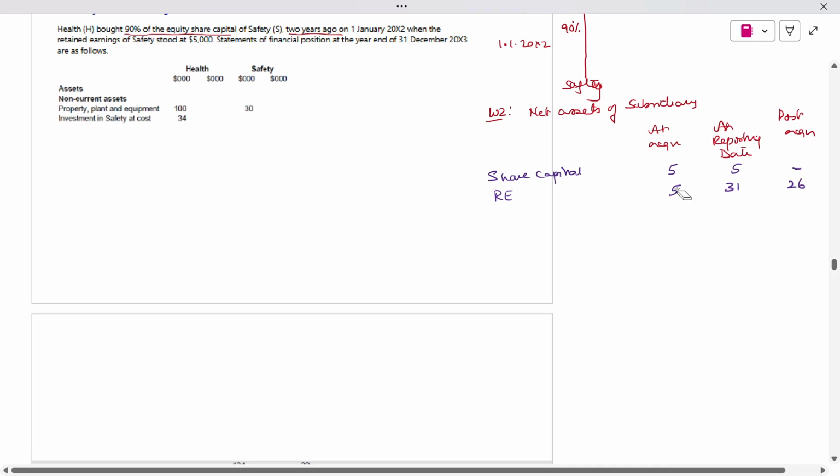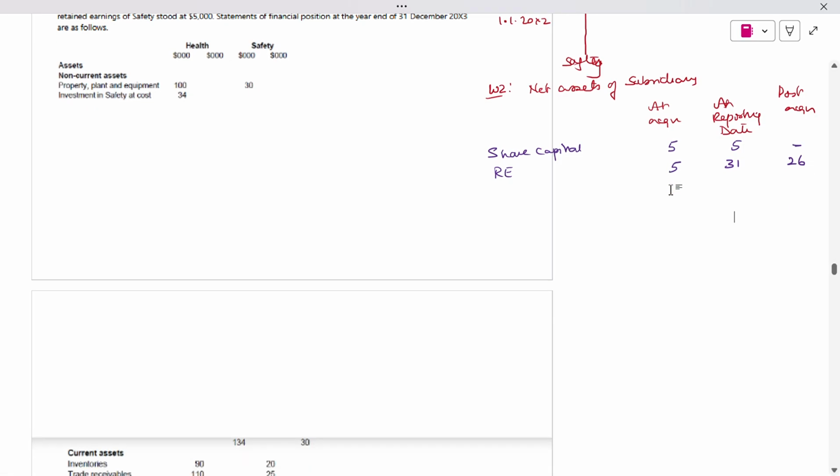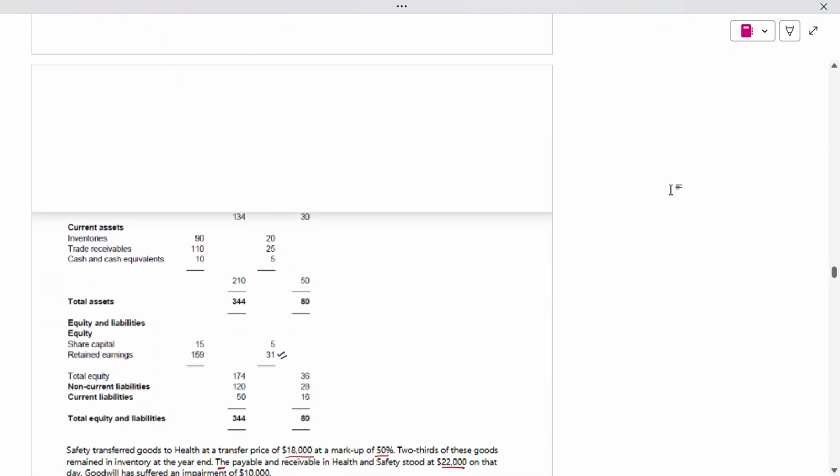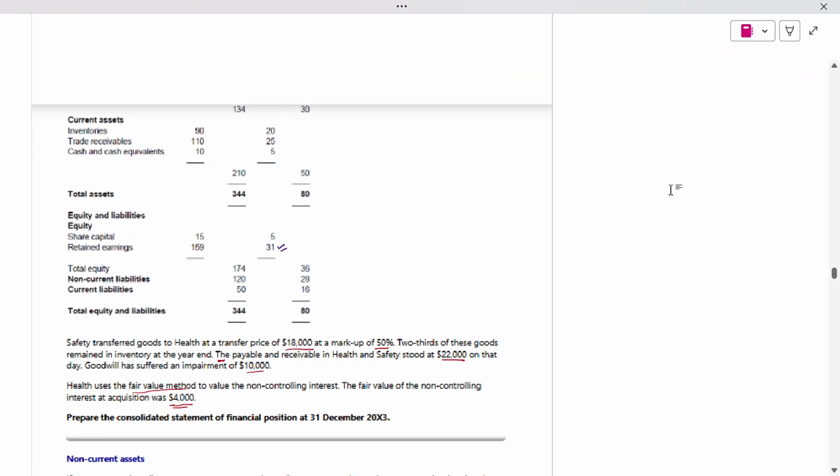Okay. Now, what is the portion of unrealized profit? How much is there here? 18,000. Is it right? I am writing here only. Okay, PUP.